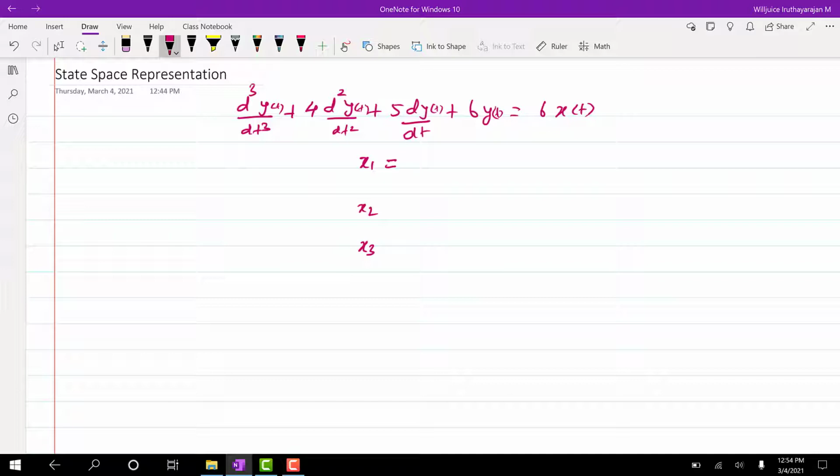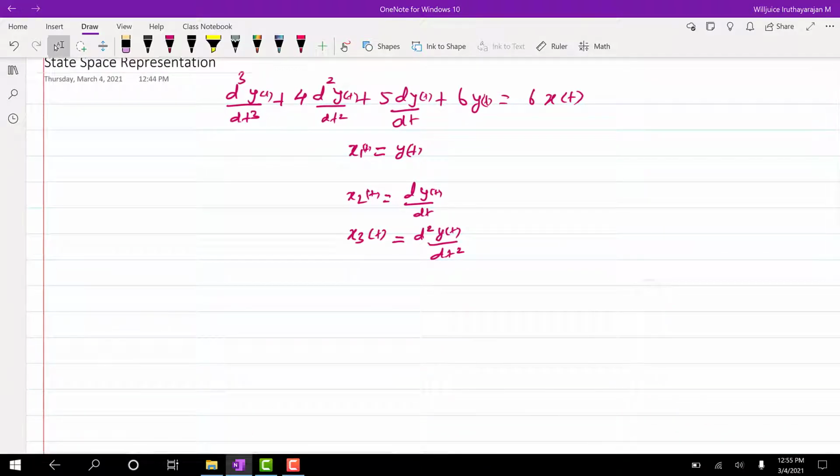So here x1 of t is nothing but y of t, x2 of t is nothing but dy of t by dt. Similarly, x3 of t can be chosen as d squared y of t by dt square. So we have chosen 3 state variables.